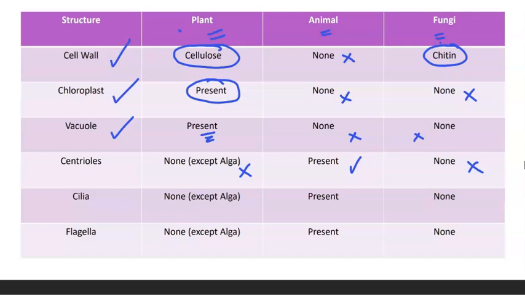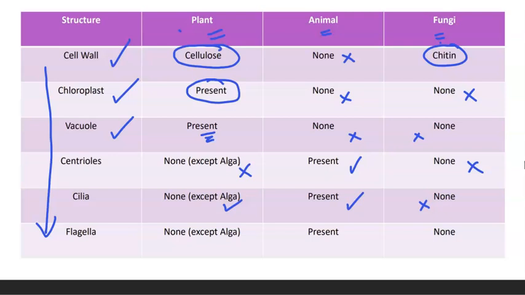And these items listed down here, the student will become familiar with as we go. Cilia, small hair-like extensions, not known in plants, but certainly present in animals, such as in the cells of your trachea, but not in fungi.